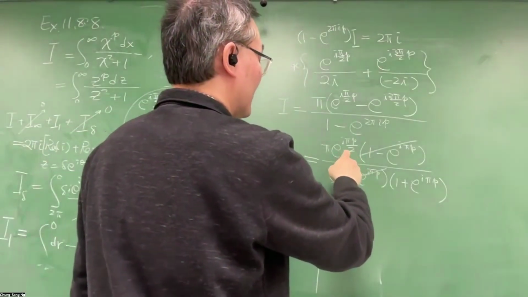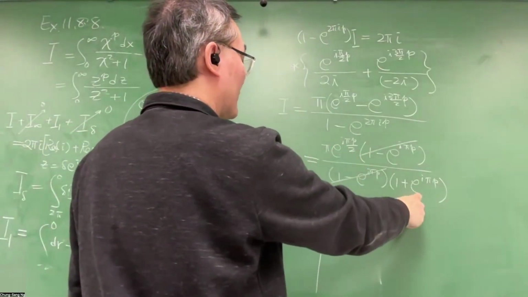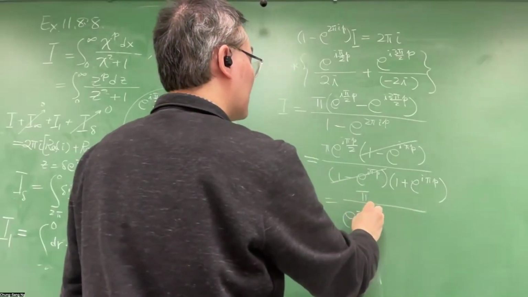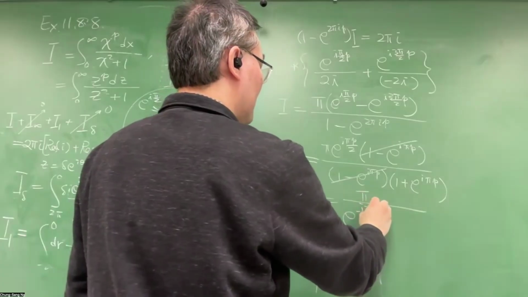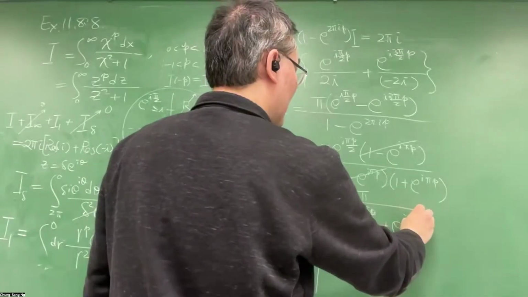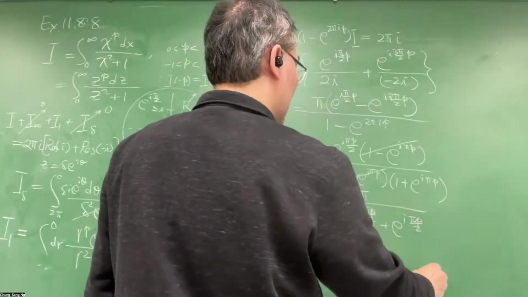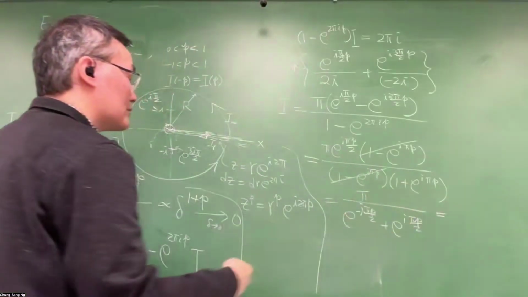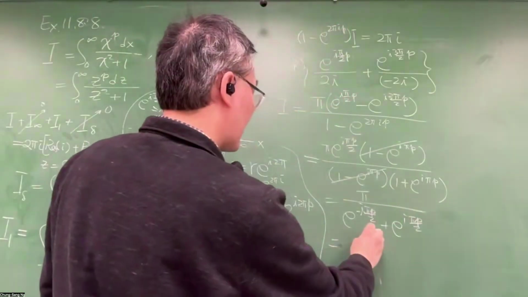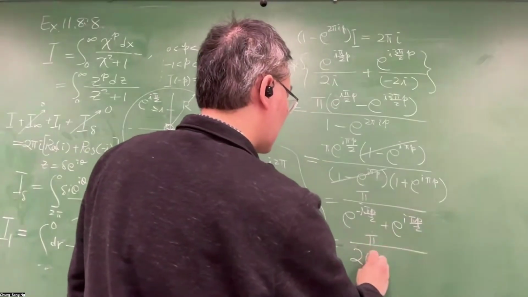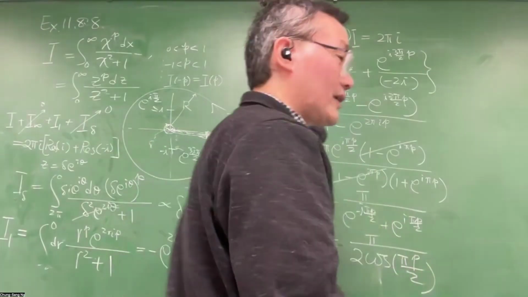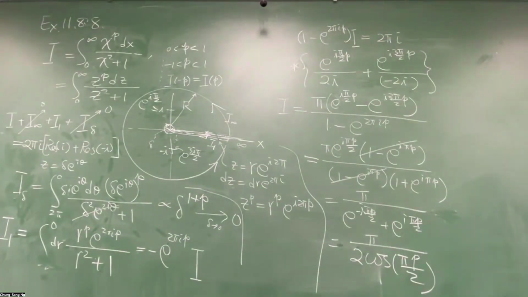And then we can multiply this to the denominator, times e to the minus i pi p over q plus e to the i pi p over q, and that adds to just 2 cosine. Hopefully that's good. Is it correct?